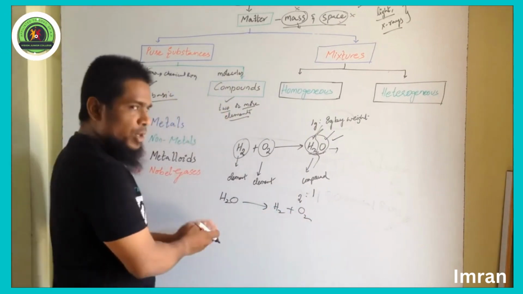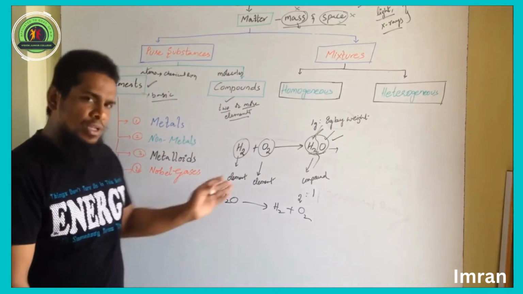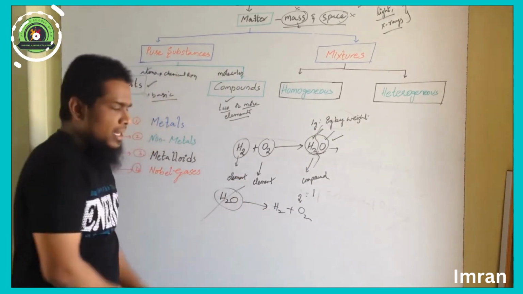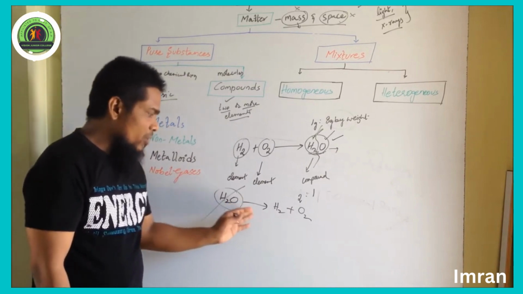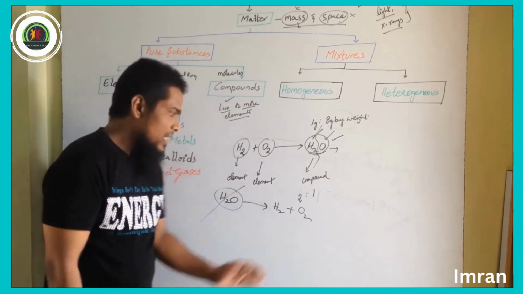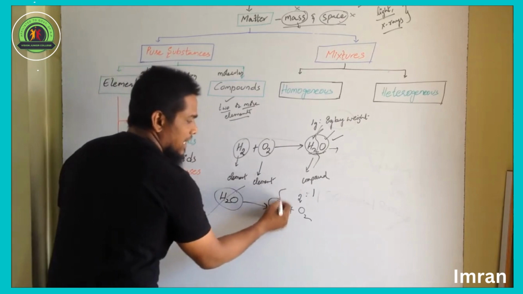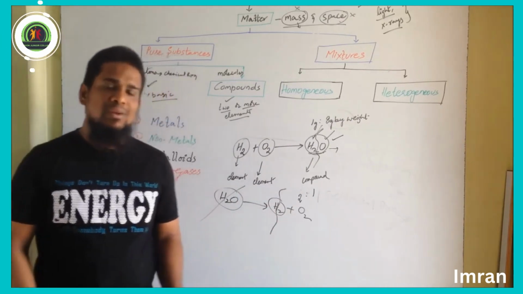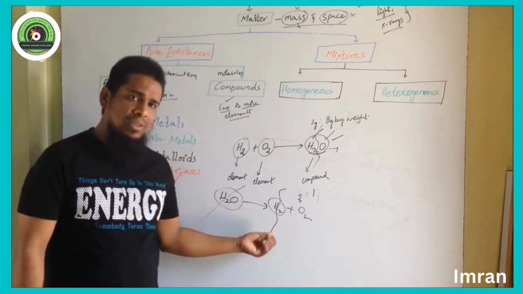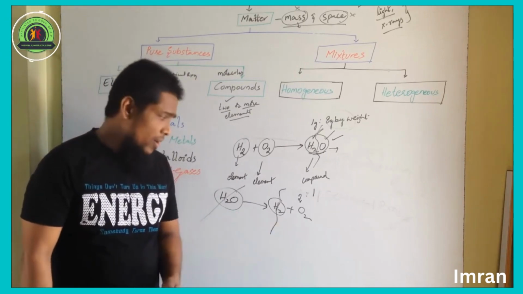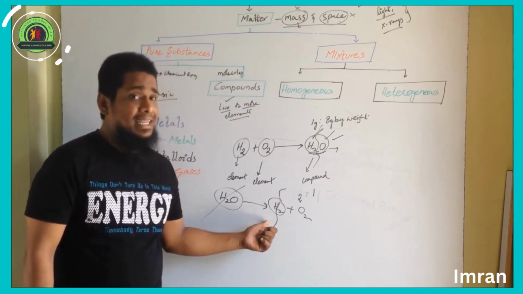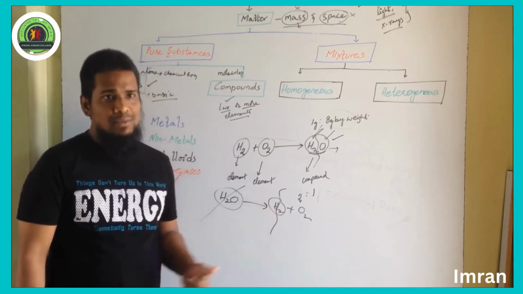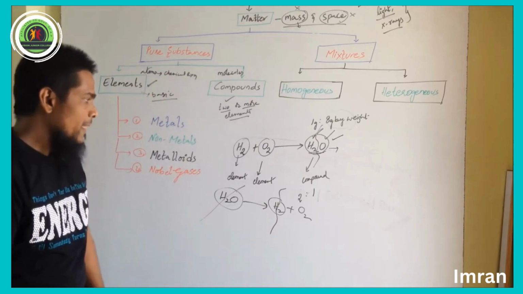So if we are able to break down the given substance into a simpler form, then it is not an element. Now we have broken water down into hydrogen and oxygen. Let us break down this hydrogen again. Can you break down hydrogen further into any other simple form? No, you cannot. Therefore, this is an element. This is the basic form of an element, that is hydrogen, which cannot be broken down into any other simple form.